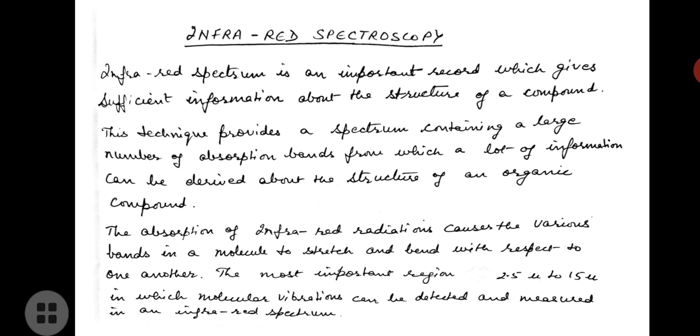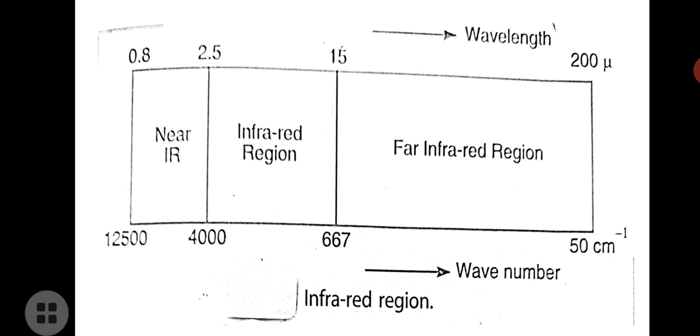The most important region is 2.5 micron to 15 micron, in which molecular vibrations can be detected and measured in an infrared spectrum. So here you can see a figure showing the infrared region. You can see there are three divisions.